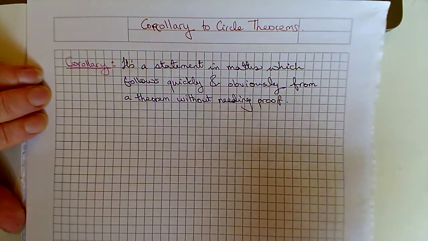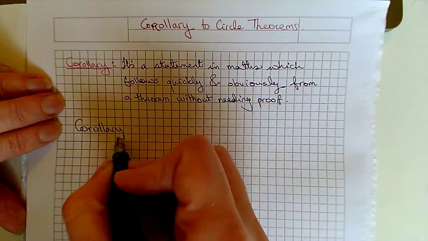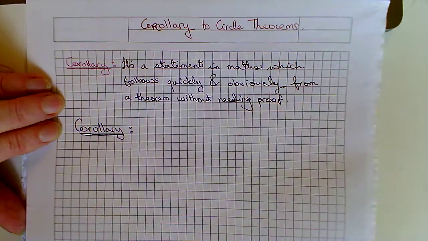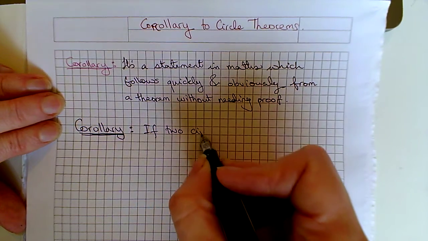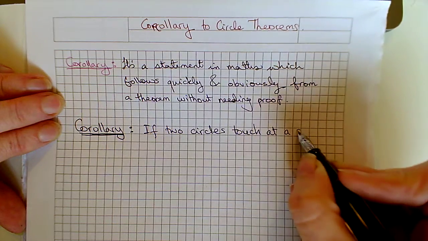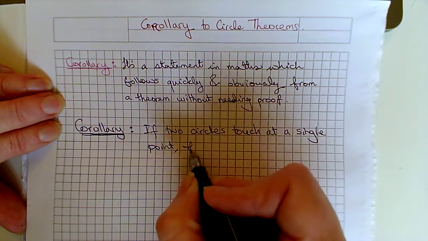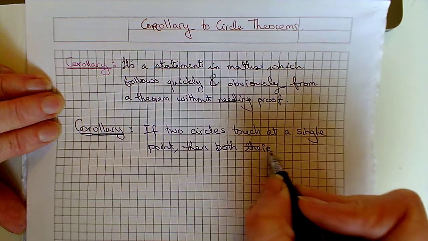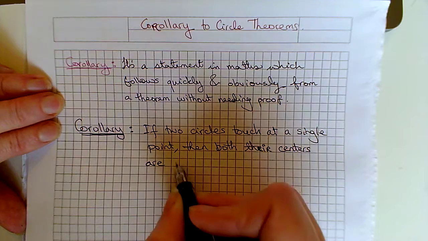So there's a corollary to the circle theorems. And it states that, excuse me, if two circles touch at a single point, then both their centers are on the same line.